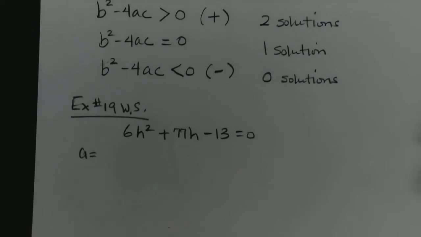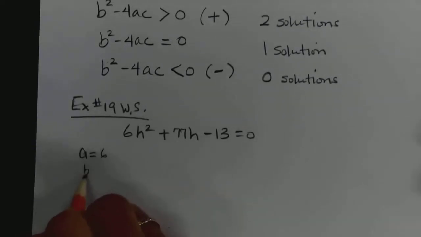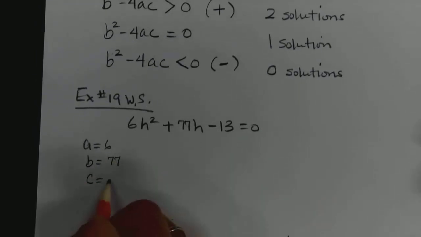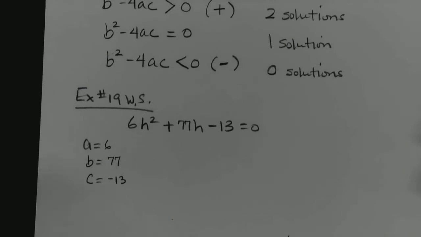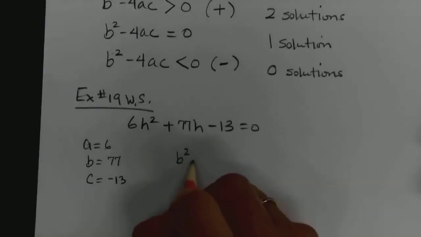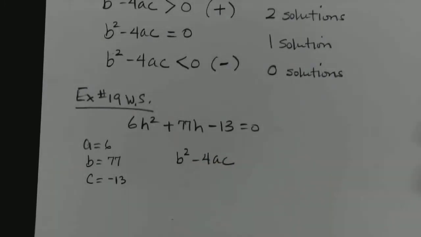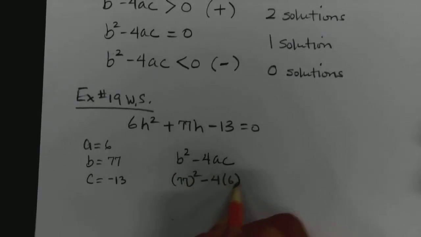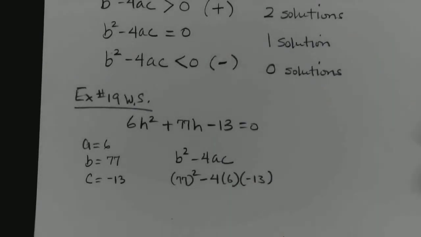So what's my A? Oh, first of all, is it equal to 0? Yeah. So 6. What's my B? 77. C? Negative 13. So now we're going to plug it into our discriminant, which is b squared minus 4ac. That will tell me how many solutions I'm going to have. Okay? So 77 squared minus 4 times 6 times negative 13.